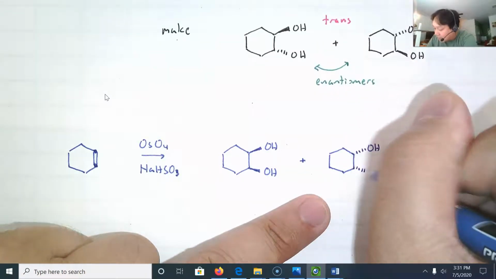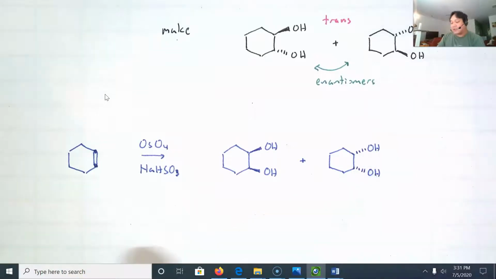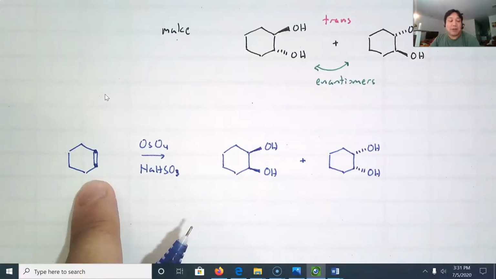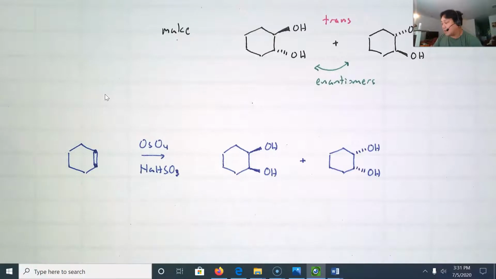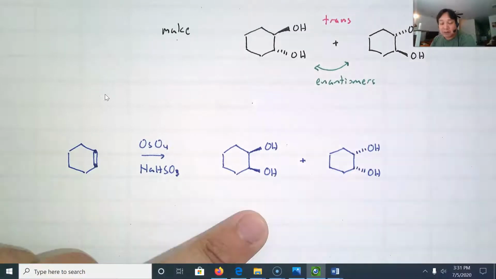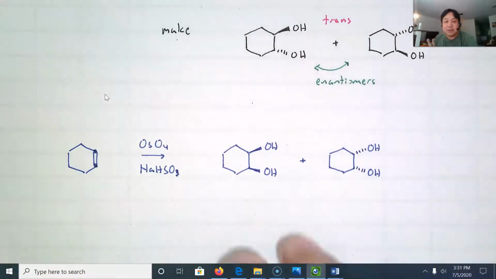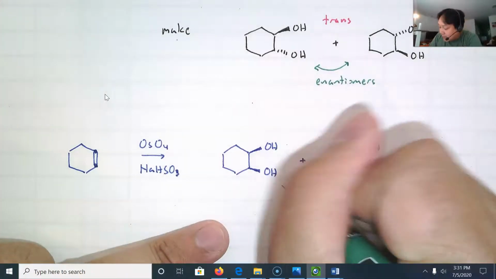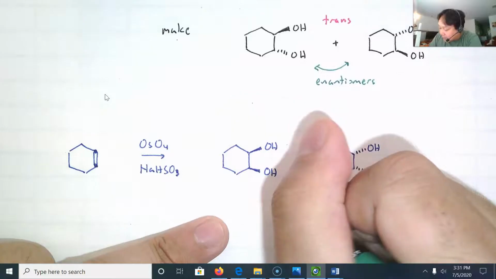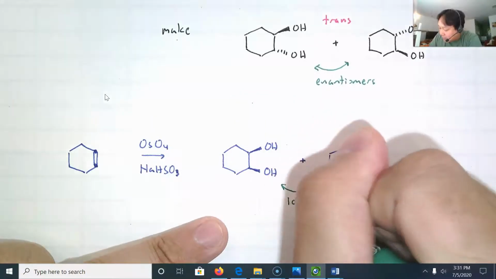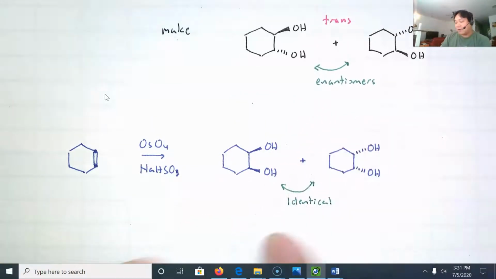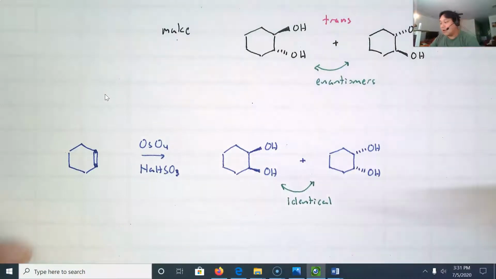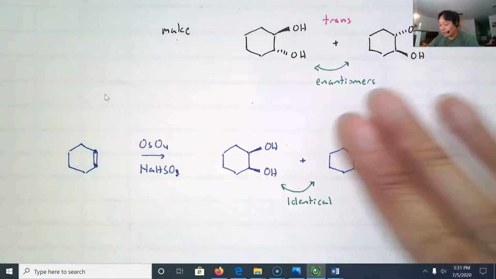It's just as likely that the oxygens will be from the bottom, from underneath the table. But this will be considered incorrect because this is implying that you have two distinct products, whereas these two are in fact identical. So either make it clear to your grader that you know that these are identical, or maybe safer, just only draw one of them.